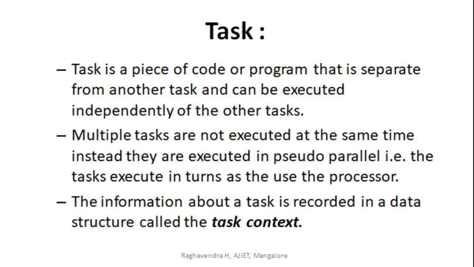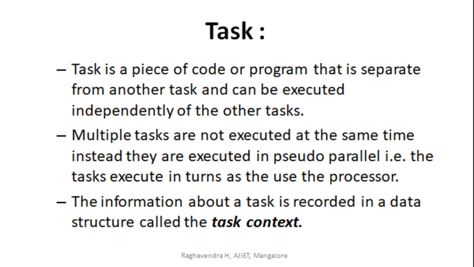What is the condition, what is the status of the task, will be stored in the task context. When a task is executing, it uses the processor and the registers available for all sorts of processing.